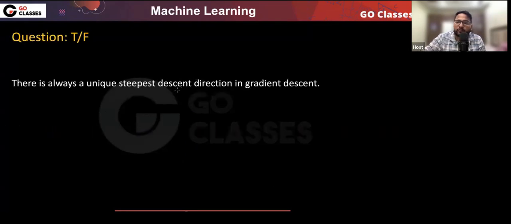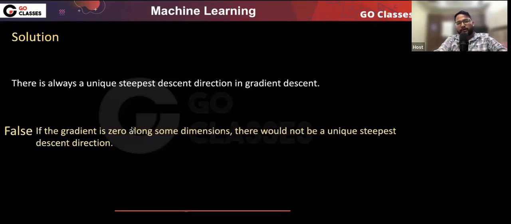Okay. There is always a unique steepest descent direction in gradient descent. That's an interesting question. See, it was the negative of the gradient, right? So is there always a unique direction, or could there be different directions? Actually, a bit of this was covered in calculus, so don't worry, I might be covering it tomorrow also.